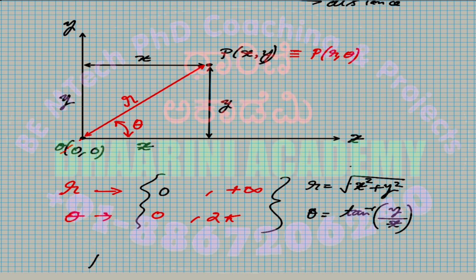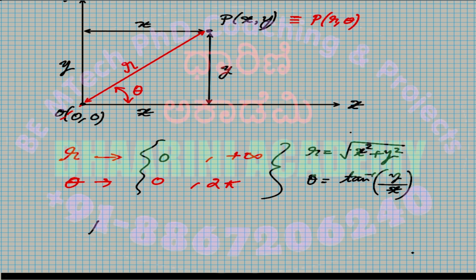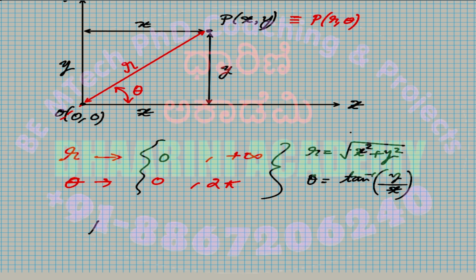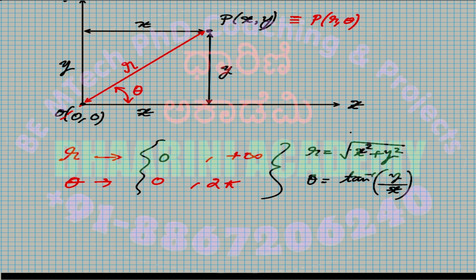Now assume that you don't know x and y, but the given data is present in the r comma theta format. I want to come back to x y. So what is x in terms of r and theta? Just now you observed, I used both y and x to reach r and theta.